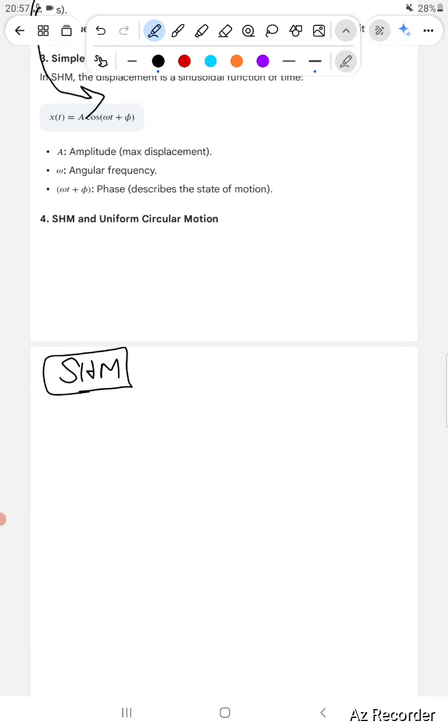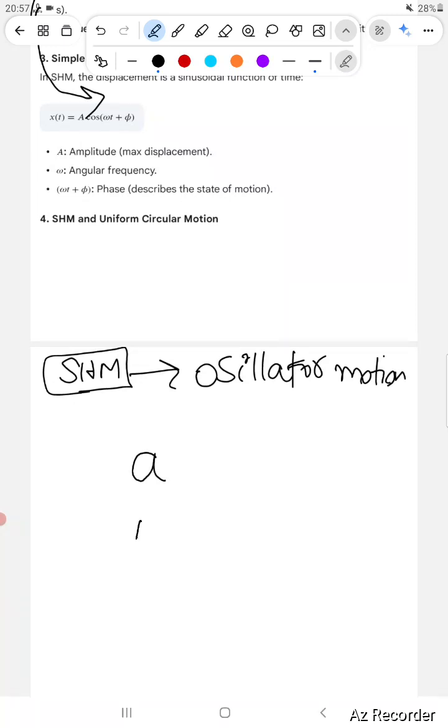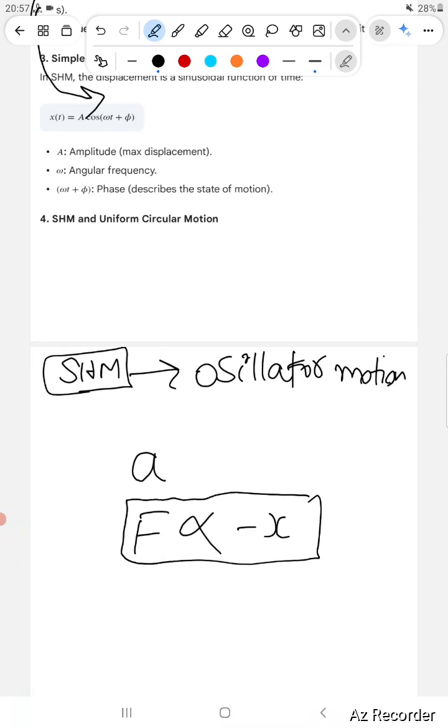Dear students, SHM is an oscillatory motion where the acceleration or the force acting on the particle is directly proportional to the negative of the displacement.